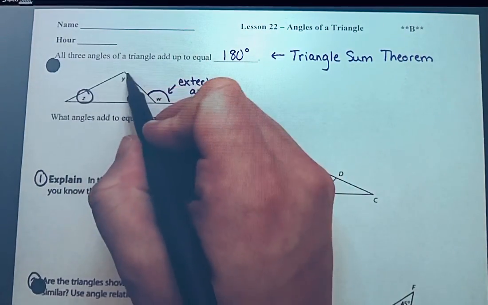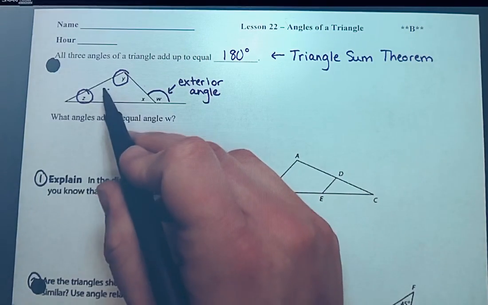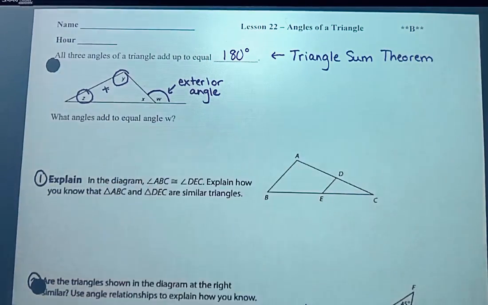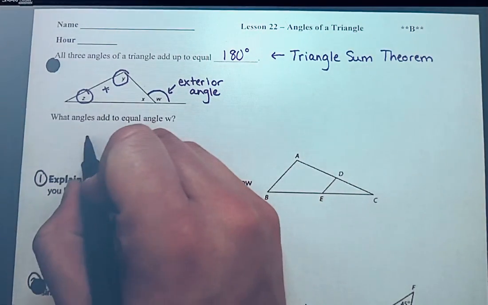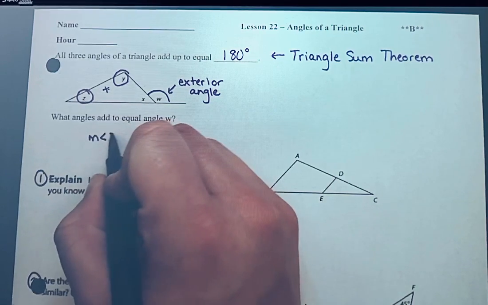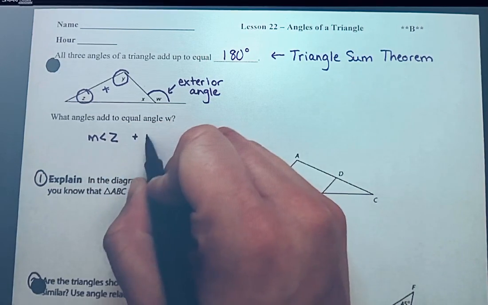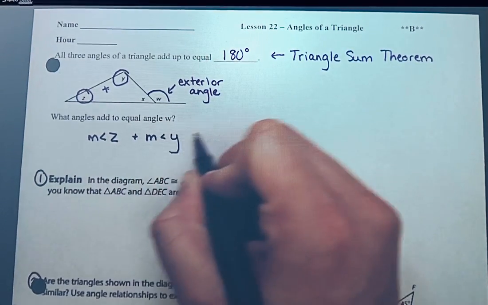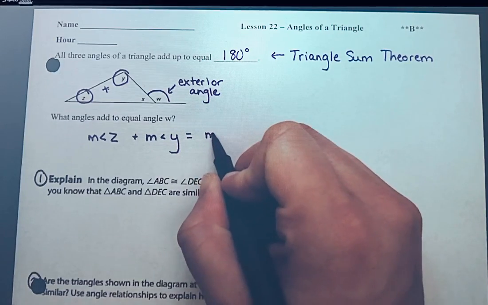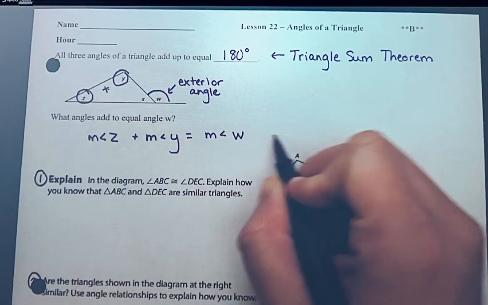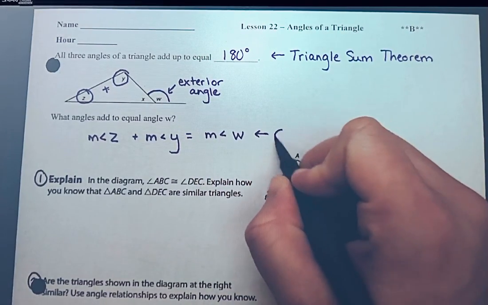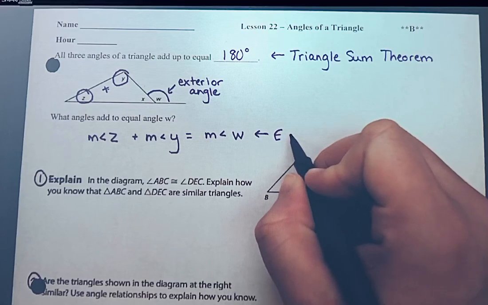These two angles here add to equal the exterior angle. So we're going to write the measure of angle Z plus the measure of angle Y equals the measure of angle W. This is known as the exterior angle theorem.